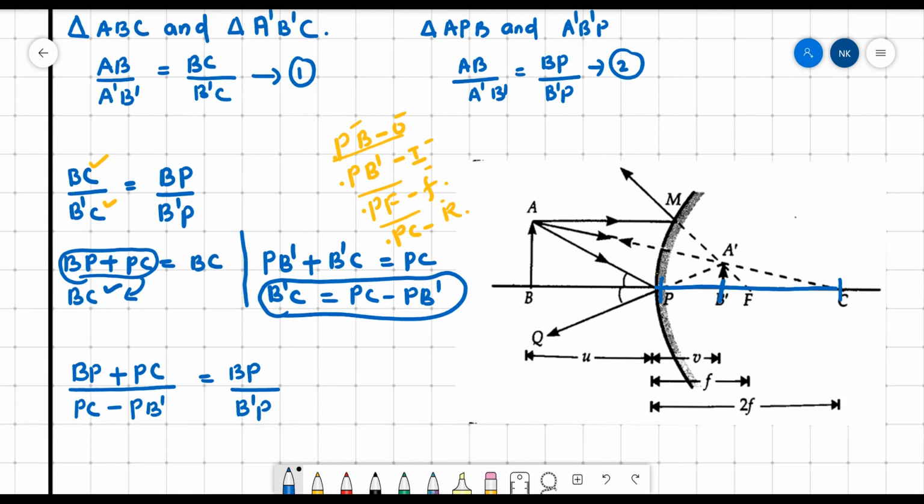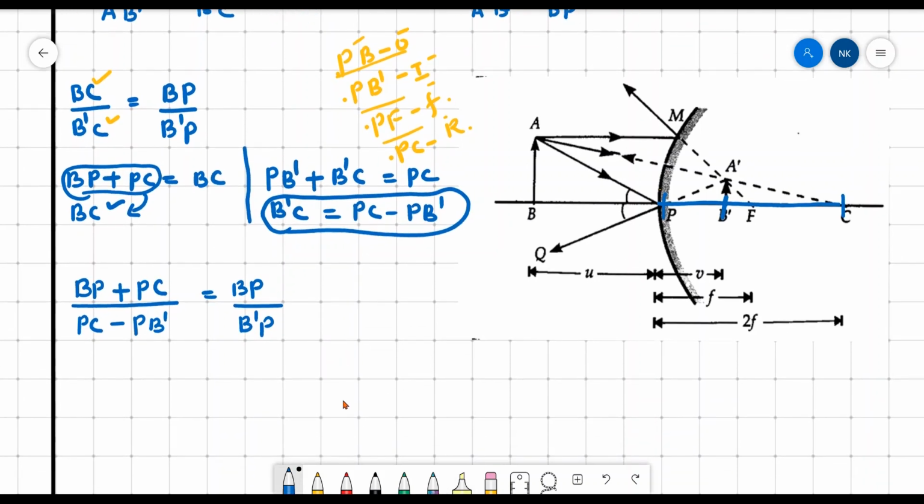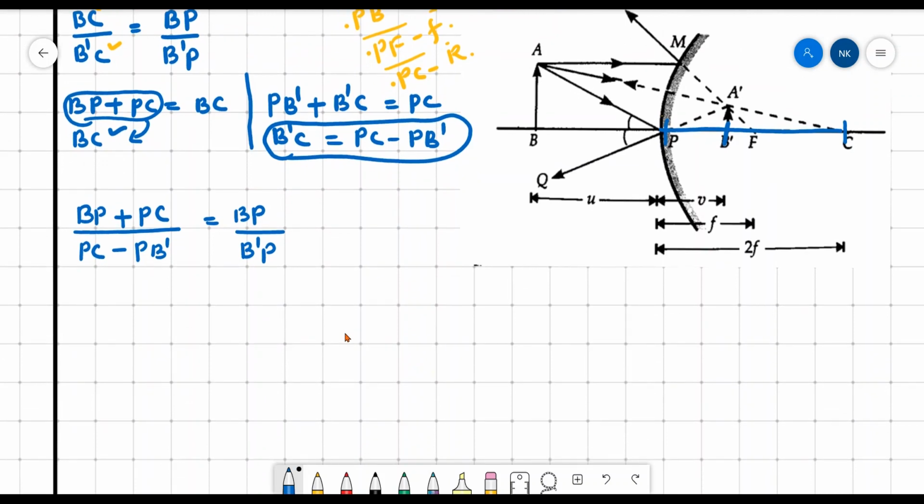Now we need to do the cross multiplication. All right, see, that is (BP plus PC) into B dash P equals (PC minus PB dash) into BP.